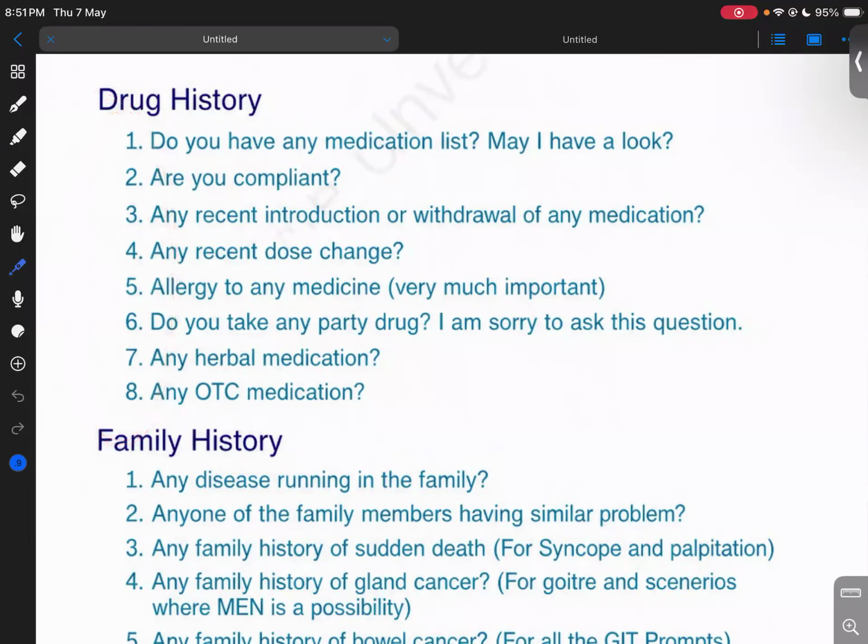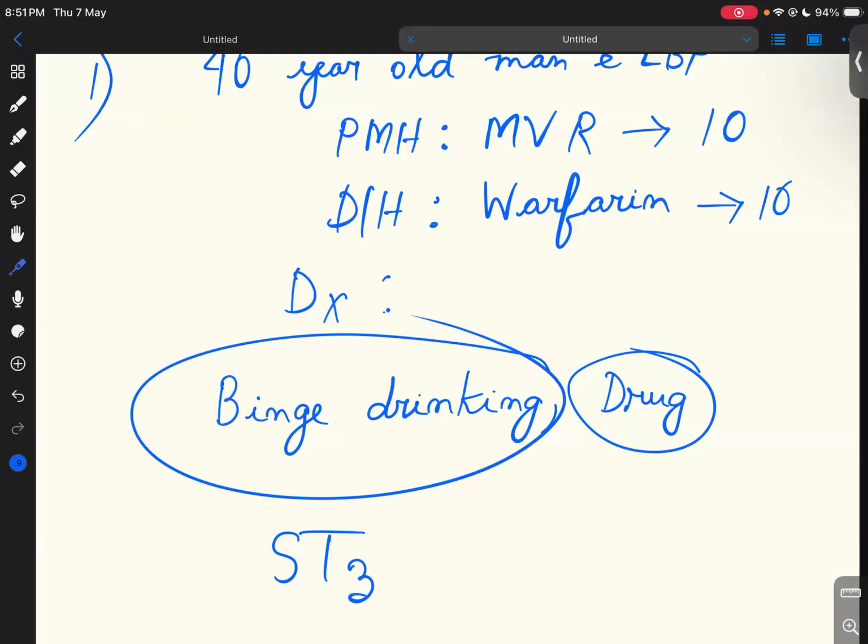My suggestion is to memorize all the questions in the given PDF provided to all the registered doctors. Over-anticoagulation is usually not a PACES case. Most of the time, they will give some hidden drug interaction or binge alcohol, because binge alcohol drinking is very common in the UK perspective. Is it clear to all the doctors?